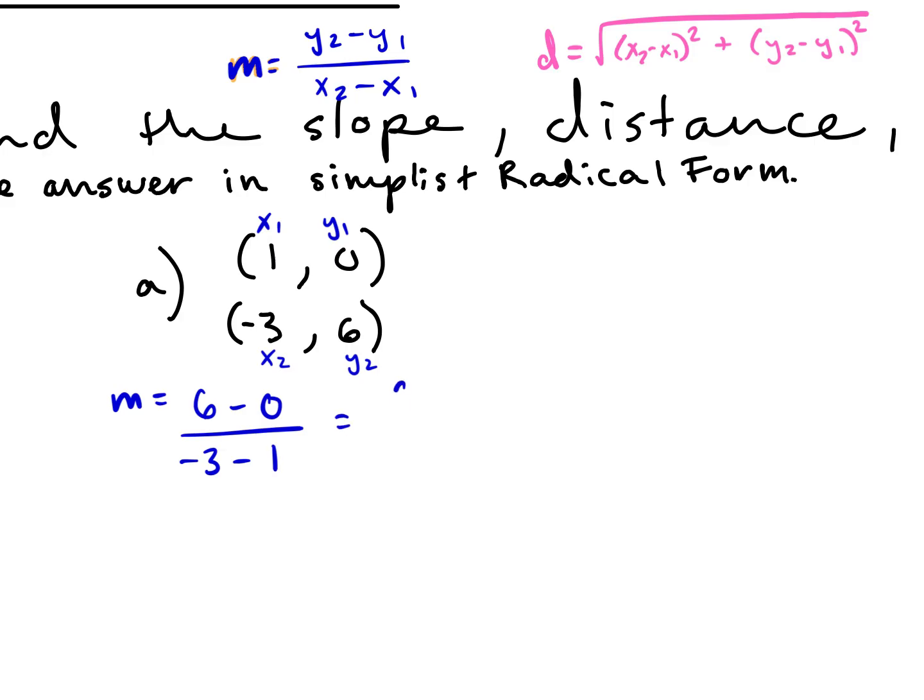So this gives us 6 over, what's negative 3 minus 1? Negative 4. And then always make sure you simplify as much as you can. What would this simplify to? Awesome. So negative 3 over 2.